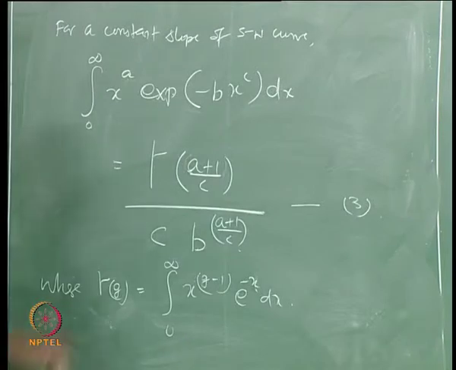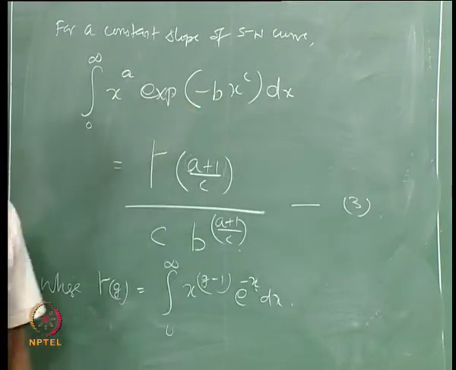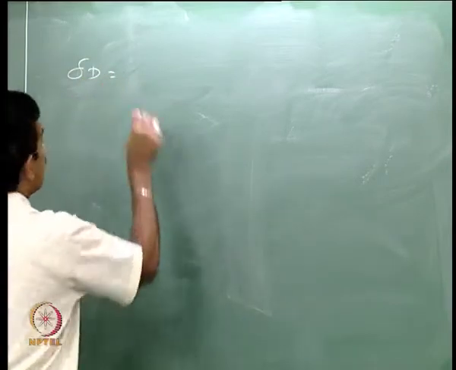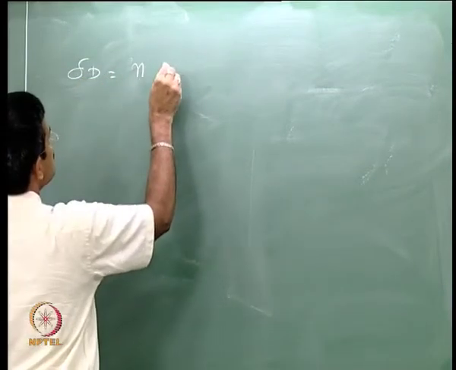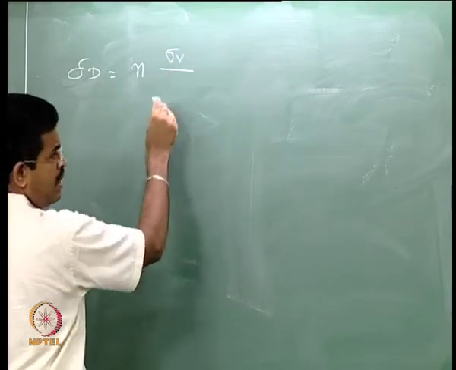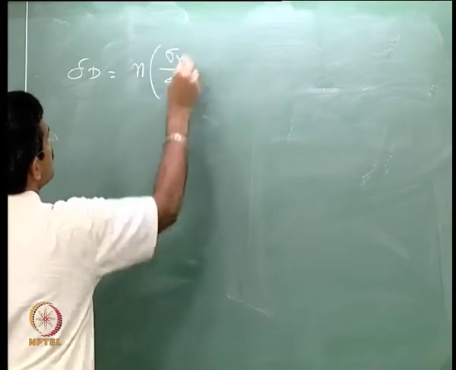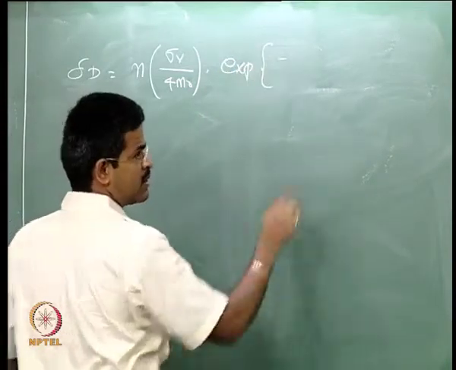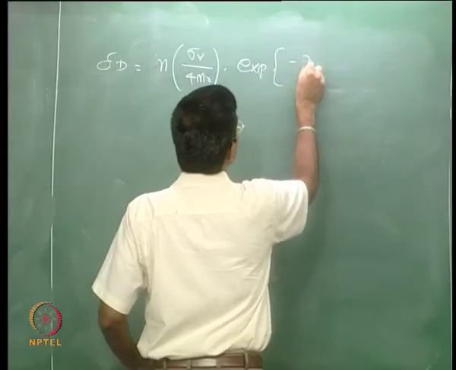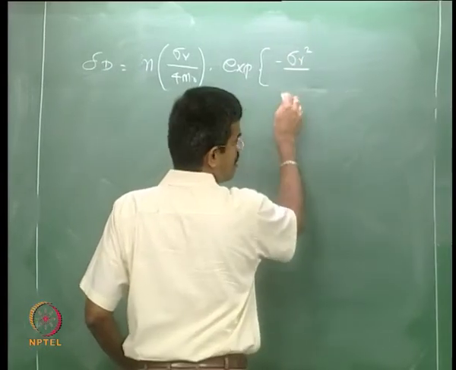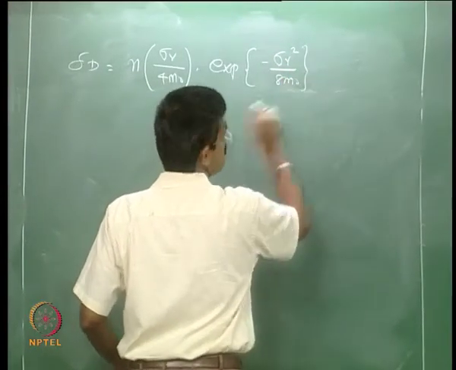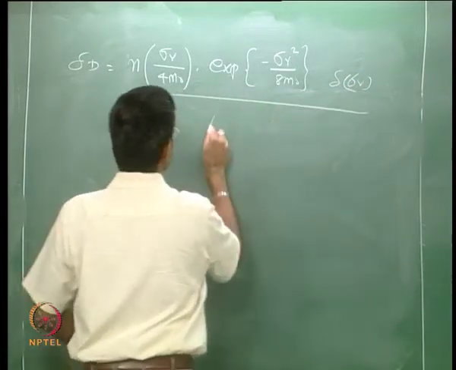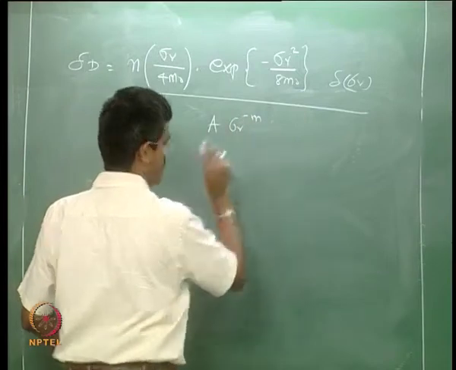Now let us compare this equation with our standard form and see what happens. Delta D, which I already know, is n times sigma r by 4 M0, exponential of minus sigma r square by 8 M0, times delta sigma r by a sigma r to the power minus m.